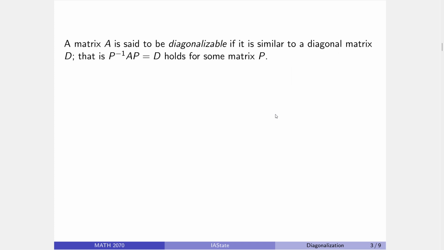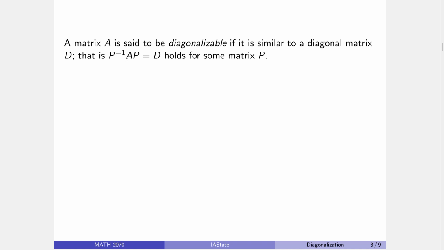Alright, now, last time we finished things up by talking about similar matrices, and so diagonalization is saying that we are diagonalizable precisely if you are similar to a diagonal matrix. Again, recall being similar means that I can get from one matrix to another by multiplying by invertible matrices on the left and the right.